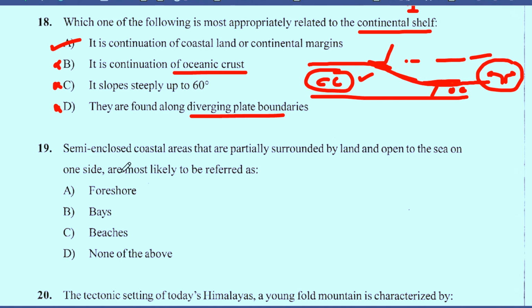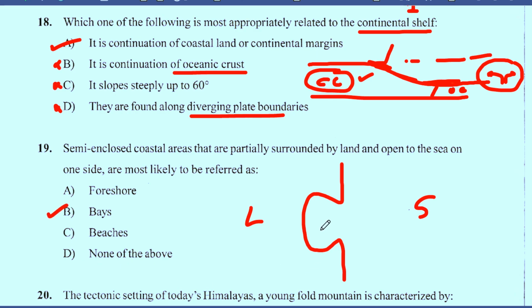Next question is: semi-enclosed coastal areas that are partially surrounded by land and open to the sea on one side are most likely to be referred to as. This side is our land and this part is our sea, and this shape we call a bay.